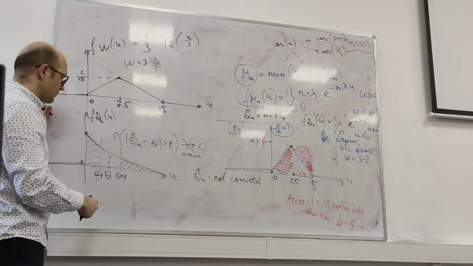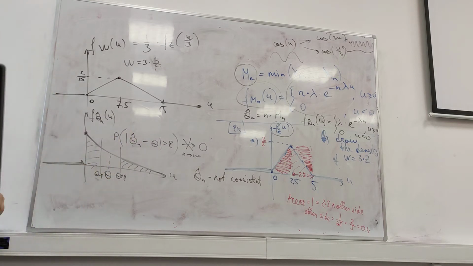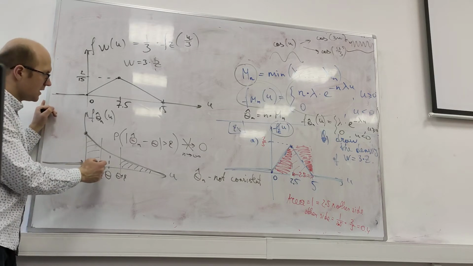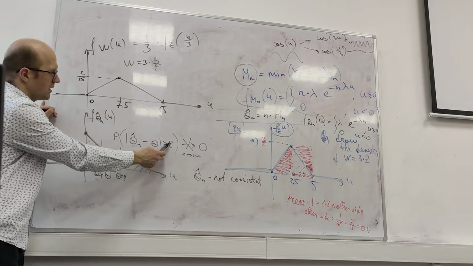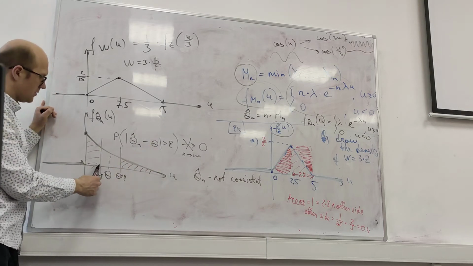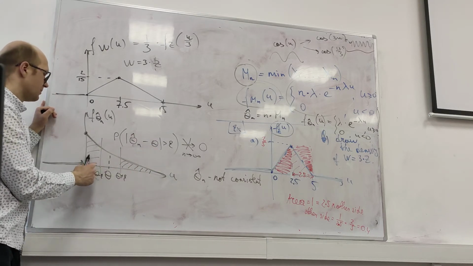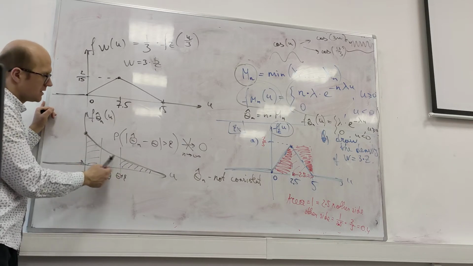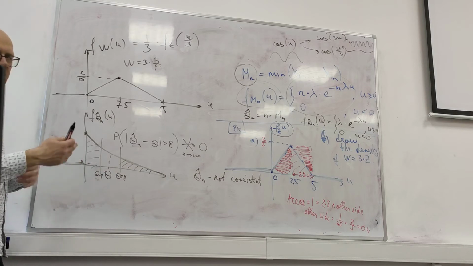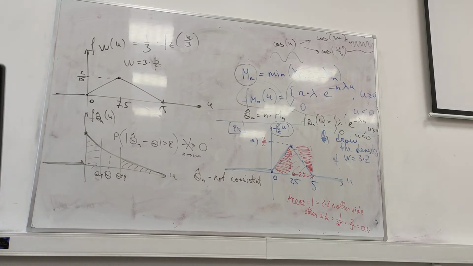So for every finite n we calculate this probability. From a geometrical viewpoint, this shaded area is the probability that theta hat deviates from theta by more than epsilon. And I see that this shaded probability does not decrease as n gets bigger and bigger.